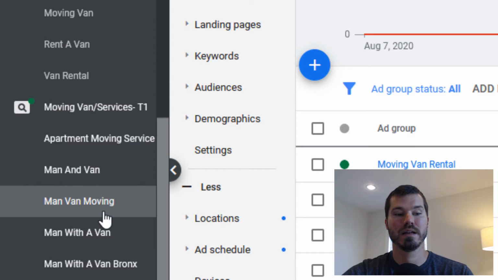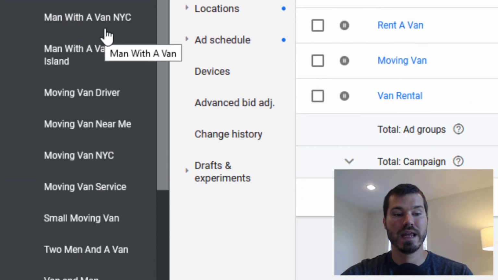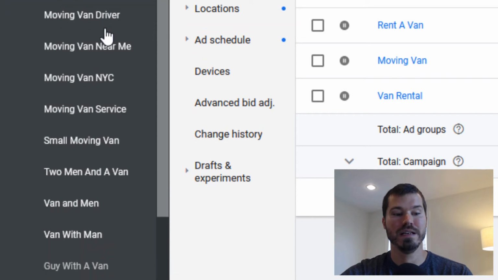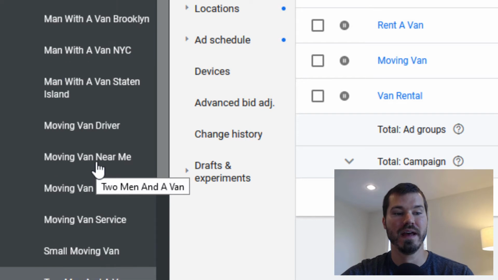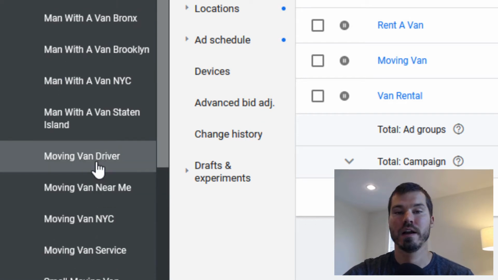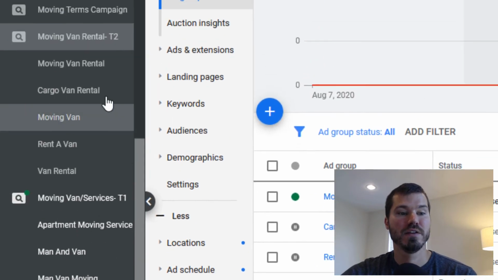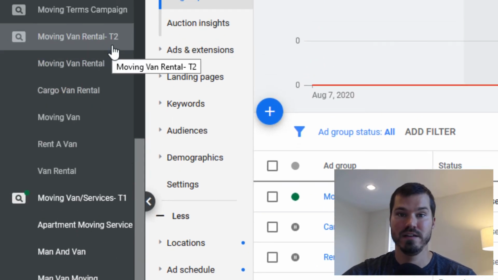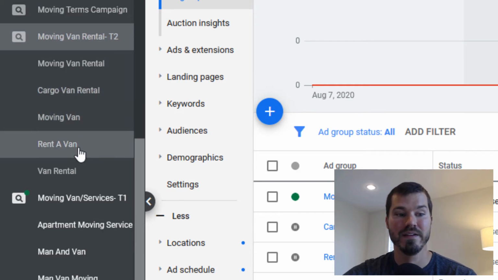So we have things like man with a van, like I said, locations, driver near me, service, 2 men in a van, things like that. So they're very targeted, and we want to maximize this T1 campaign first. We are not currently running the tier 2 campaign, but it would have things like moving van, rent a van, van rental.